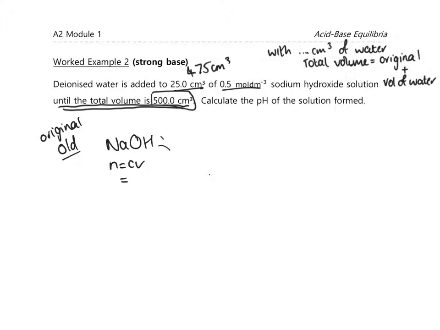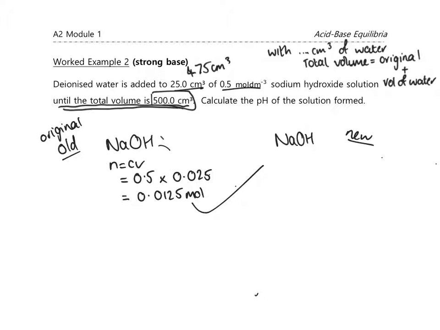So n equals cV, our concentration is 0.5, our original volume is 25 centimetres cubed, which is 0.025 or 25 over 1,000, and that gives you a number of moles of 0.0125 moles. So that's how many moles of sodium hydroxide I have in my solution, and that doesn't change even though my concentration changed. So here's my sodium hydroxide in the new solution, and it has 0.0125 moles in it.